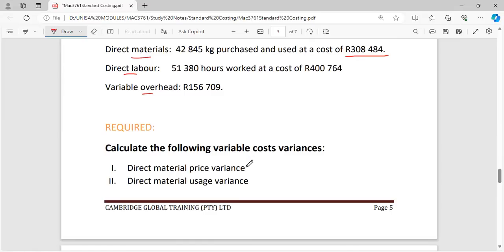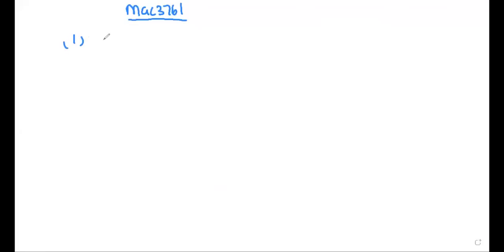We want to do the direct material price variance. If it is a direct material, the first one is the direct material price variance.